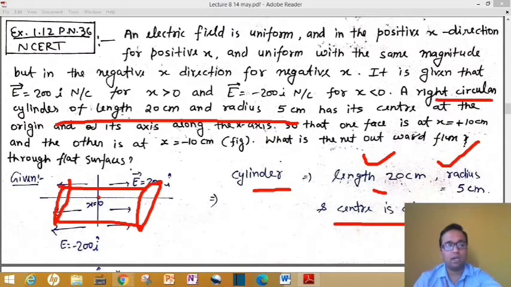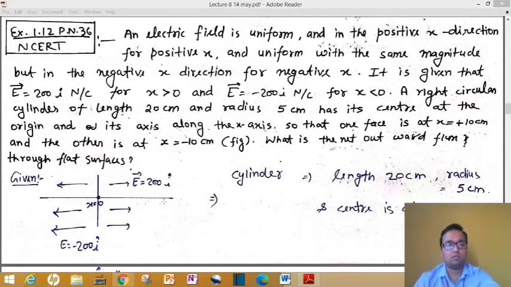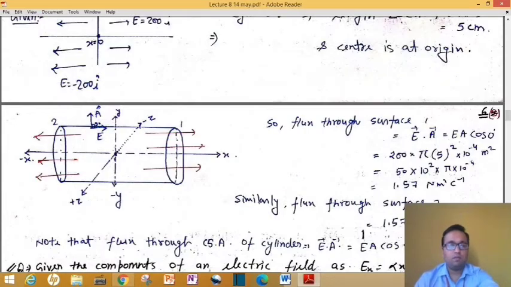So how will you make that cylinder? See on the next page. Here we have this cylinder, and here it is shown, your cylindrical area. So we have to calculate the total amount of flux through this area. Now you can understand here, I have made 3 categories in this geometry.